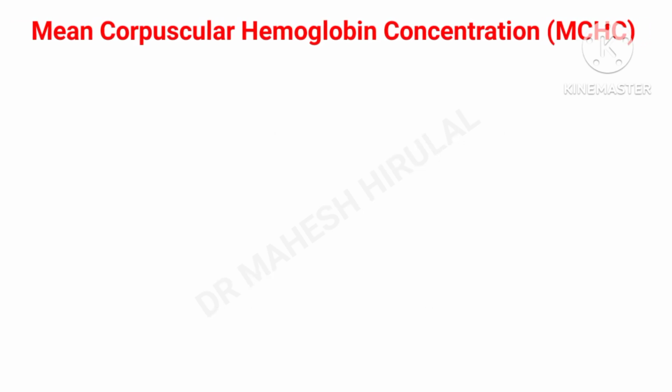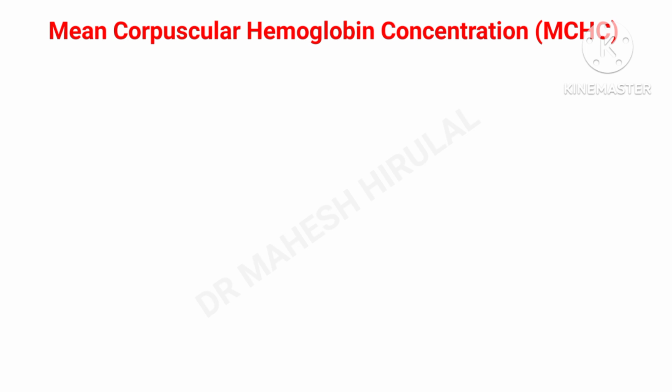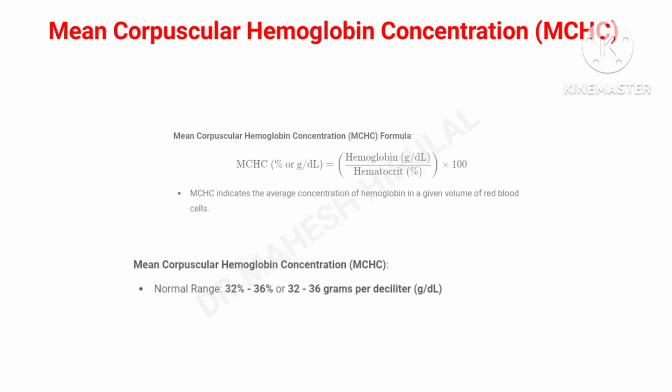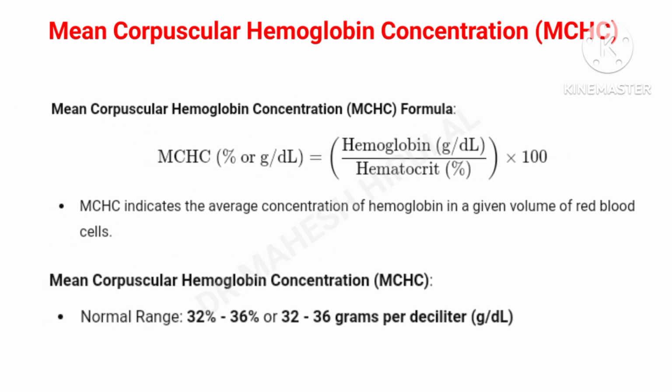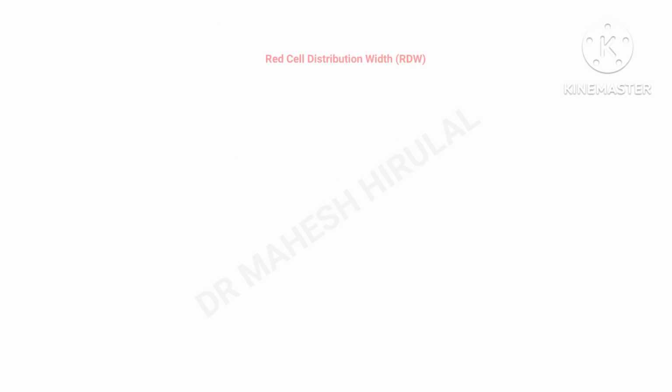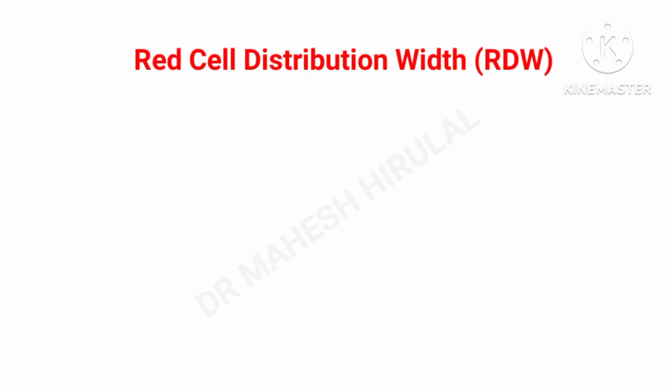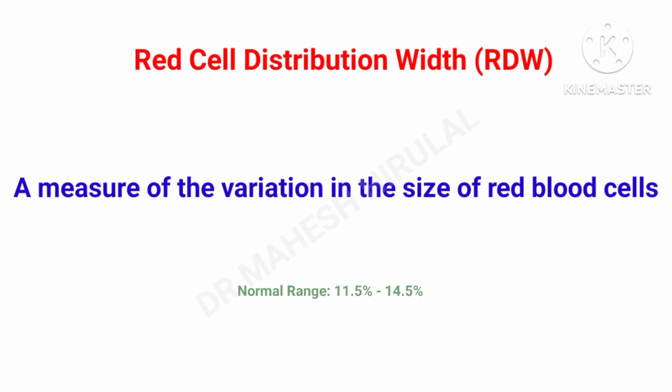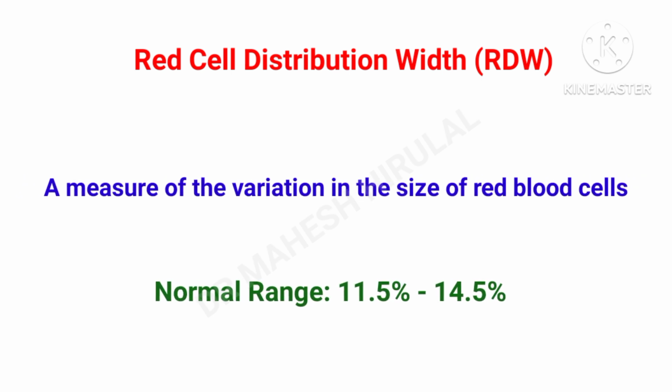Mean corpuscular hemoglobin concentration, MCHC, indicates the average concentration of hemoglobin in a given volume of red blood cells. Red cell distribution width, RDW, is a very important parameter which measures the variation in the size of red blood cells.